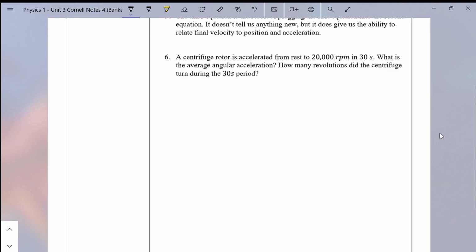But in the end, that second part is what is hard. How many revolutions did the centrifuge turn during that 30-second period? It'll turn some number of revolutions, but omega, the number of revolutions per second, is increasing. So in your first second, you will do some number n rotations.